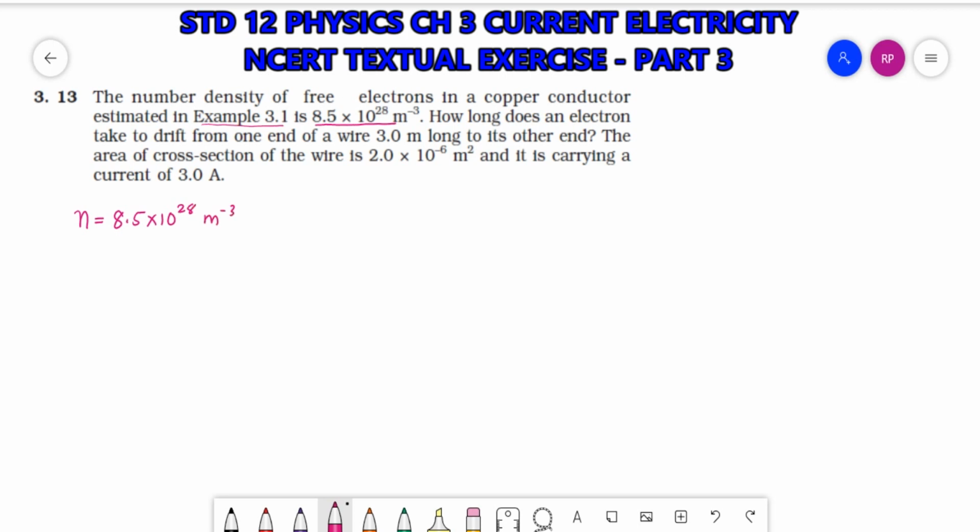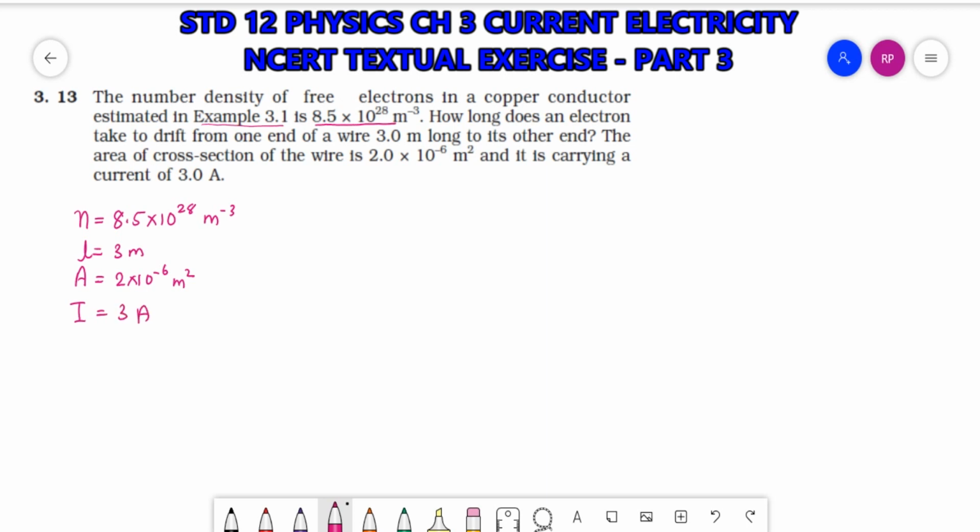How long does an electron take to drift from one end of a wire of length L equal to 3 meter to the other end? The area of cross section A is 2 into 10 raised to minus 6 meter square, and it is carrying a current of 3 ampere.